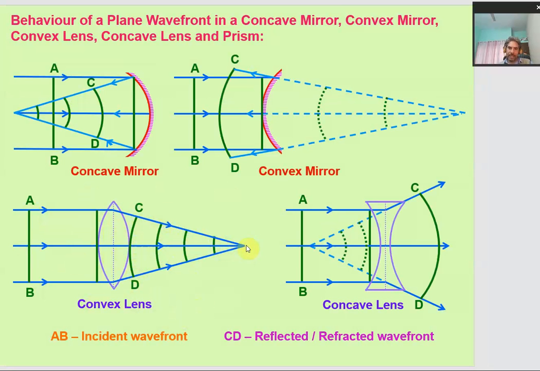Suppose that here at this point we place a point source, so it will be producing spherical wavefronts. That means the spherical wavefronts are approaching the lens, right? After passing through the lens, they will be converted by this convex lens into plane wavefronts.